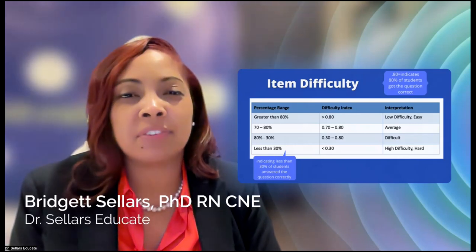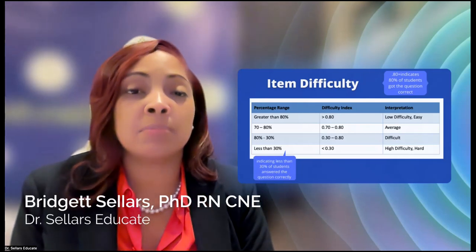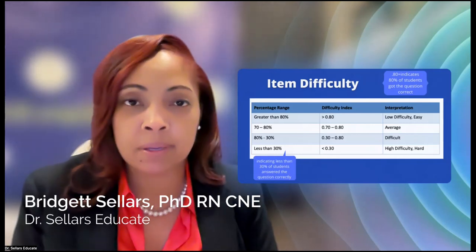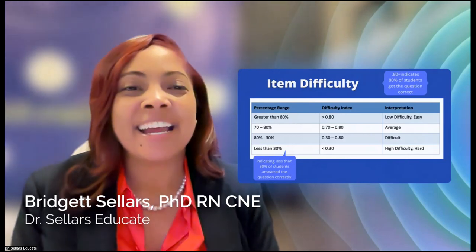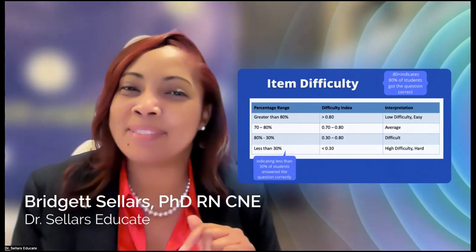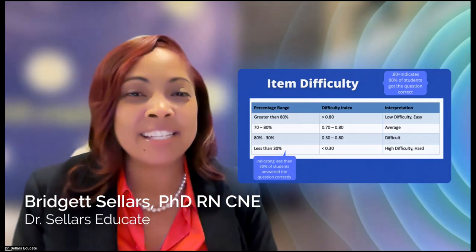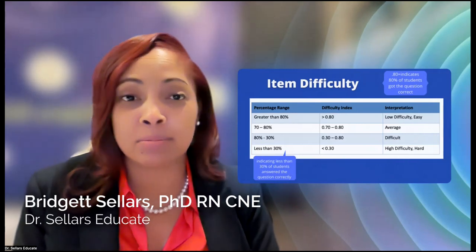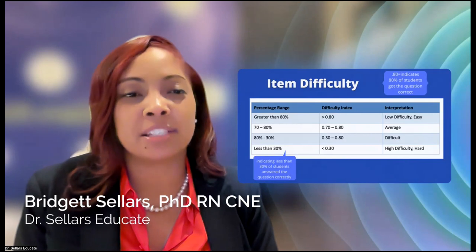When we think about item difficulty, the first thing we want to look at is going to be our Bloom's level. Okay, so for each question, because our first step in developing a valid and reliable exam, we already know, right? I can hear you all saying, that's right, detailed exam blueprint. That is going to give us the map to ensure we are aligning the learning objectives we have in our course with the actual learning that we expect to happen.